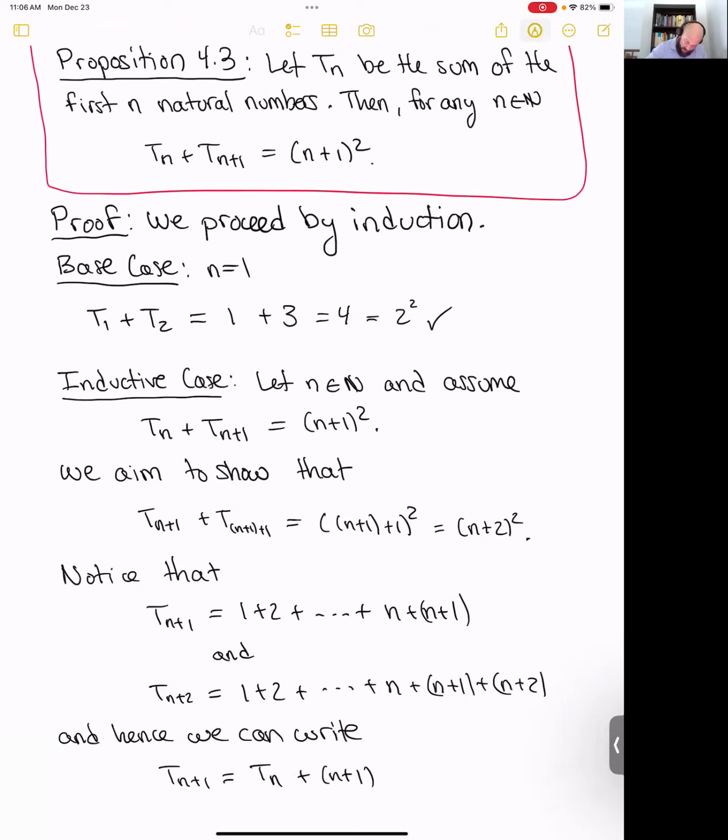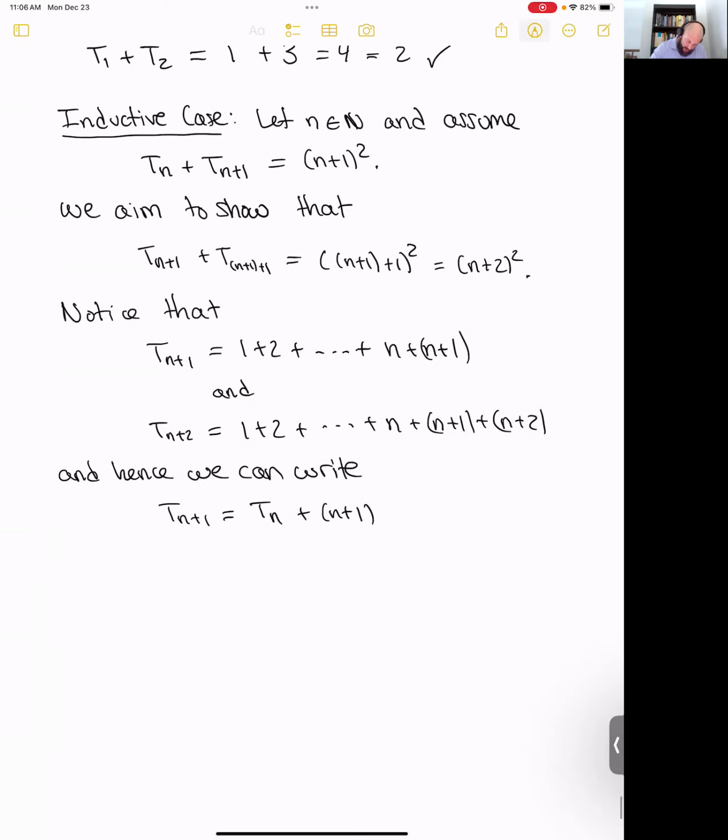And then T_{n+2} is similarly T_{n+1} plus n plus 2. So we get something useful here. So we can calculate.